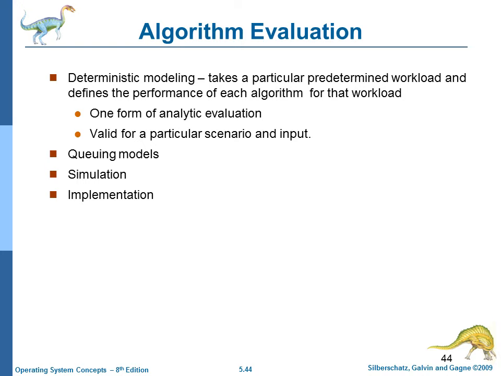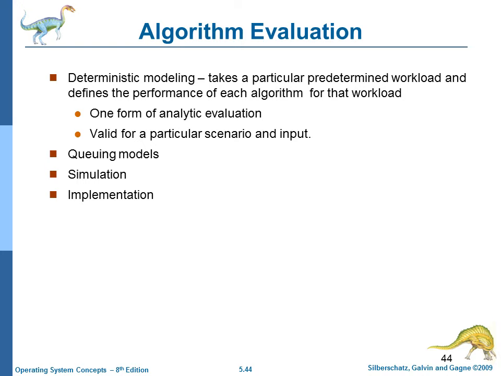In deterministic modeling, if a specific workload is known, then the exact values for the major criteria can be fairly and easily calculated, and the best determined. For example, let's consider the following workload.